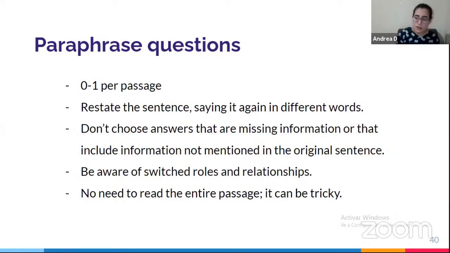Some tips I could give you: don't choose one that includes information that's not mentioned in the original sentence, nor should you choose ones that exclude information, that don't mention important things from the original one. Sometimes in your paraphrase, you're going to find a different order. Maybe the subject is at the end, or maybe it's in the passive voice instead of the active one. We're going to see. It can be tricky.